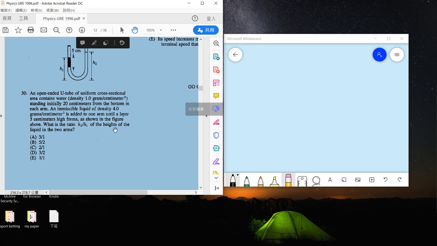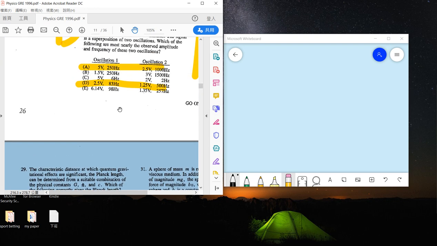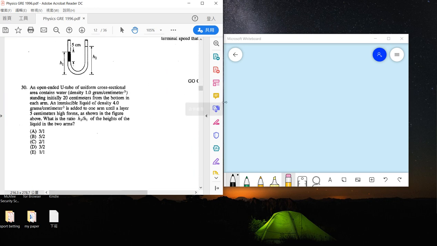For the dark liquid, what we need is 5 times rho. Basically the dark one equals the light one. So the light one is h2 minus h1 at this point, and basically it's rho one.